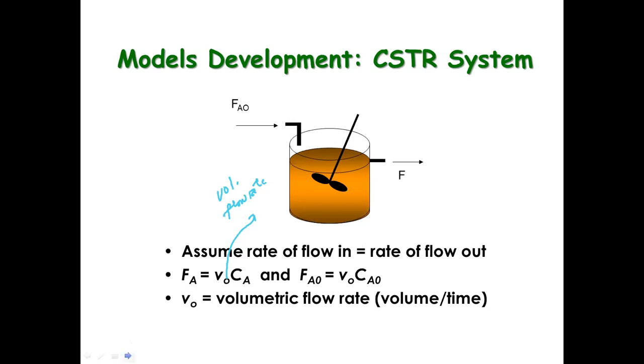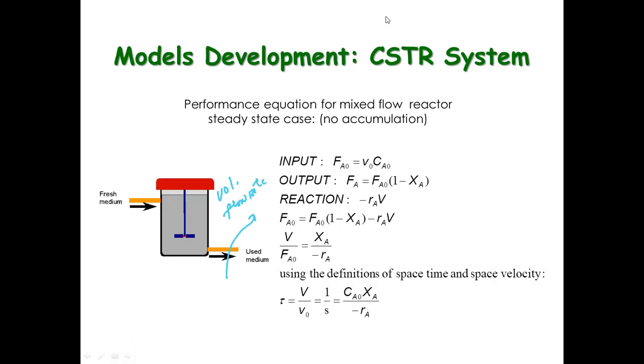So noting that there won't be any accumulation, then you have here the corresponding performance equation for a CSTR. Okay, your input would be this. Your output would be this. Disappearance due to reaction would be this. And the three will be seen in your material balance equation. So your in is equal to out plus the disappearance due to reaction.